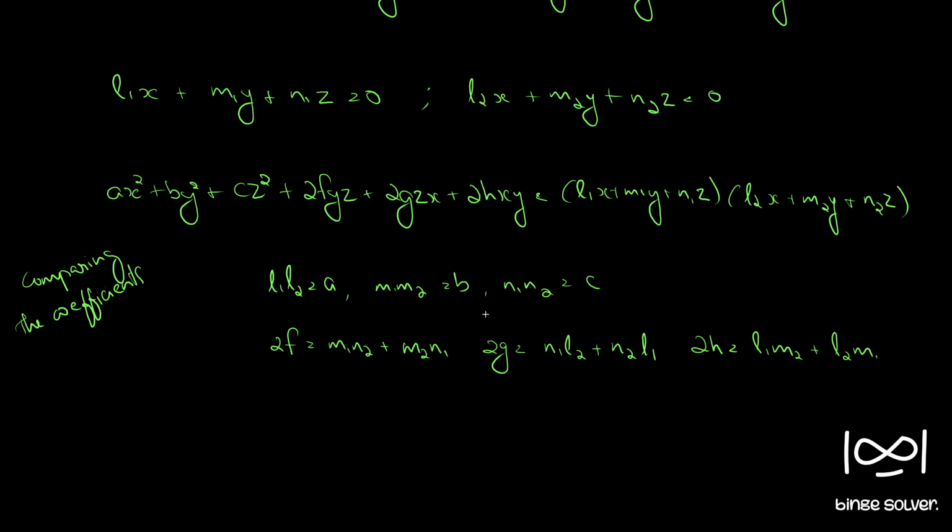As you can see, there is some symmetry going on here: M1N2 + M2N1, N1L2 + N2L1. That kind of symmetric situation is going on, and we will be using that.